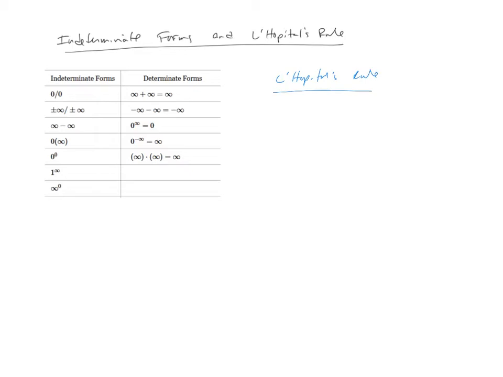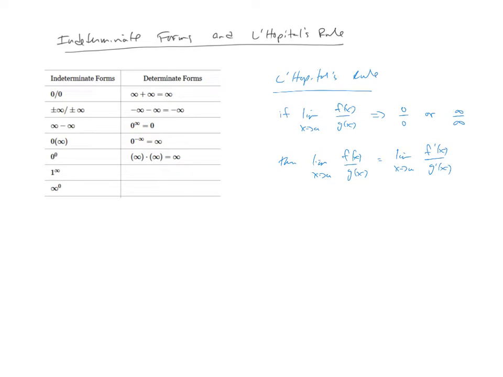L'Hopital's rule is a very helpful rule in figuring out these limits when you hit a certain indeterminate form. The rule says that if the limit as x approaches a of f of x over g of x is going to either 0 over 0 or infinity over infinity, then that original limit is equal to the limit as x approaches a of f prime of x over g prime of x.